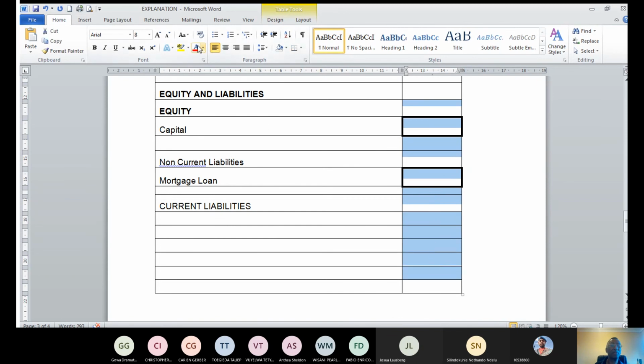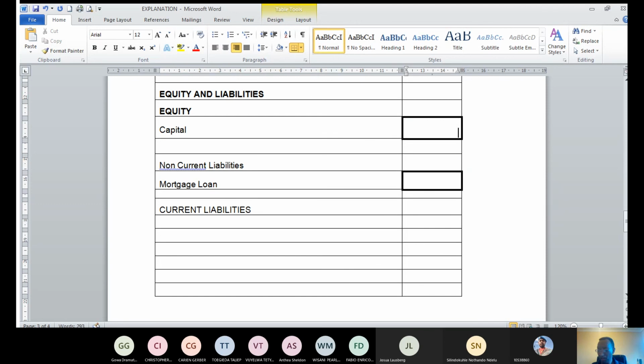The capital amount has been calculated in my statement of changes in equity, and we have calculated it to be 311,800 Rand. And that is also my amount then for my equity. So my equity will amount then to 311,800 Rand.